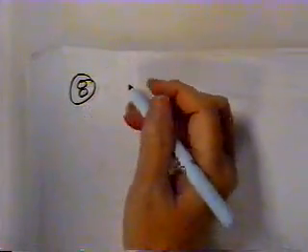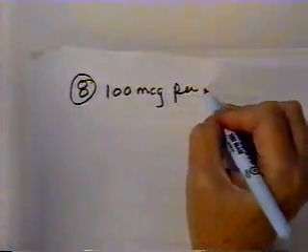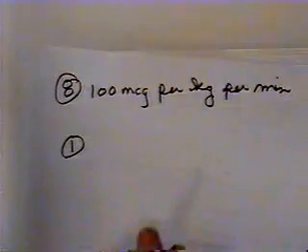Okay, number 8. We ready for 8? Number 8 says 100 micrograms per kilogram per minute. Now, we've seen these before that are the per problems. This says we don't give the same amount of drug to everybody. The per problems, the first step told us to take the number of pounds of the patient and divide by 2.2. So when I see the per, it doesn't matter whether it's IV or tablets.